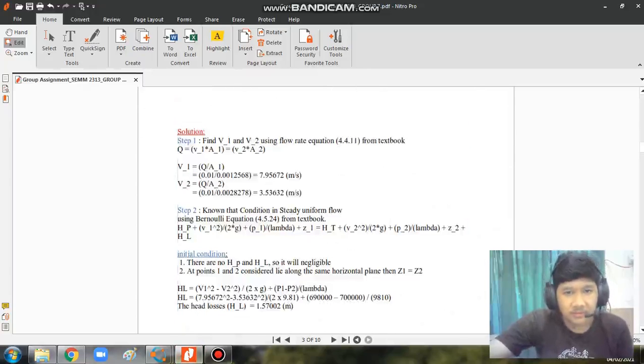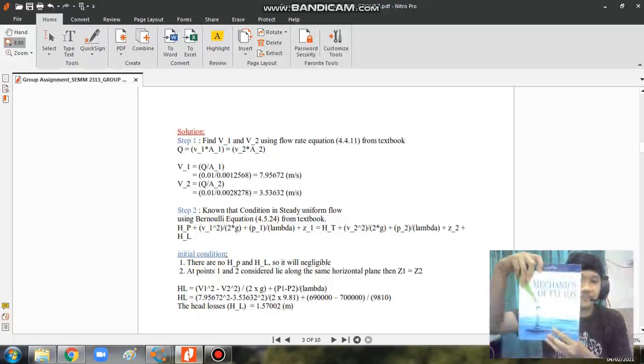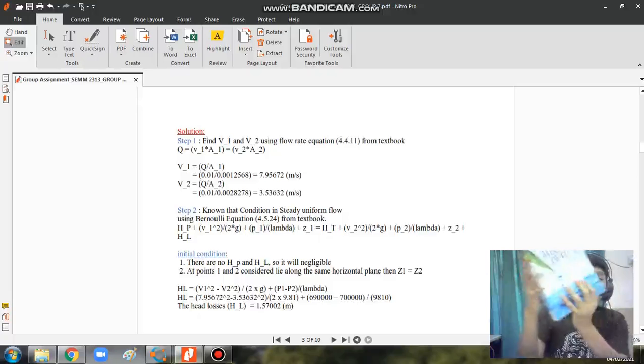In the solution we have step 1, finding V1 and V2 using the flow rate equation 4.411 from the textbook. If you have this textbook, this is the 5th edition.